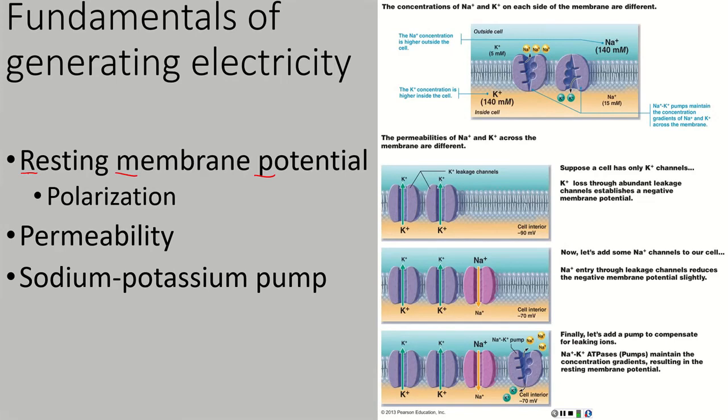Same thing for potassium. So how permeable a membrane is to any specific ion is going to affect the resting membrane potential. We've got those ions moving. How easy are they moving? What kind of charge are they taking with them? That's going to affect the voltage. It's going to affect the resting membrane potential.